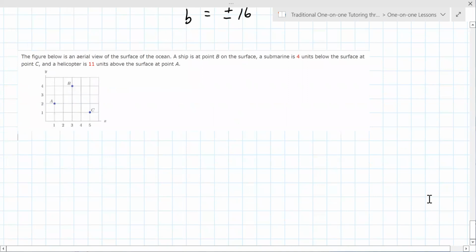The figure below is an aerial view of the surface of the ocean. So let's pretend like this is the surface of the ocean. A ship at point B is on the surface. So there's B, right there on the surface. A submarine is 4 units below, and that's at C. So C is the submarine.